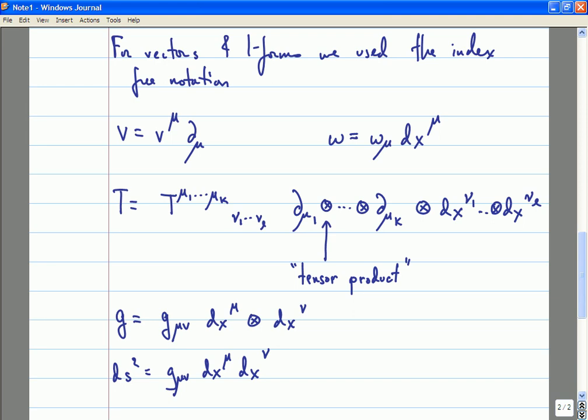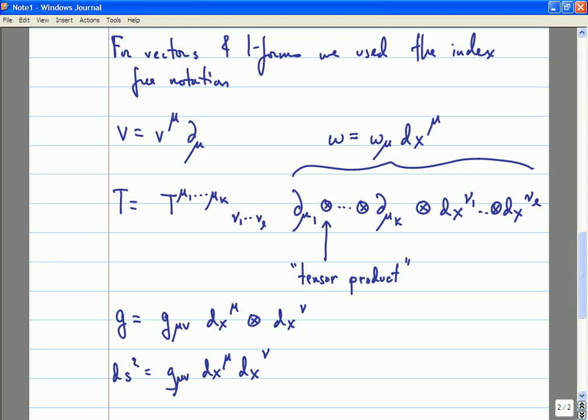As far as we're concerned, those are just a bunch of abstract words that won't have too much meaning for us. Any questions? I don't want you to stare too hard at this expression here and try and understand what it means. It doesn't really mean anything. It just means the set of all tensors, right? I mean, it doesn't mean anything that you don't already know. Any questions?